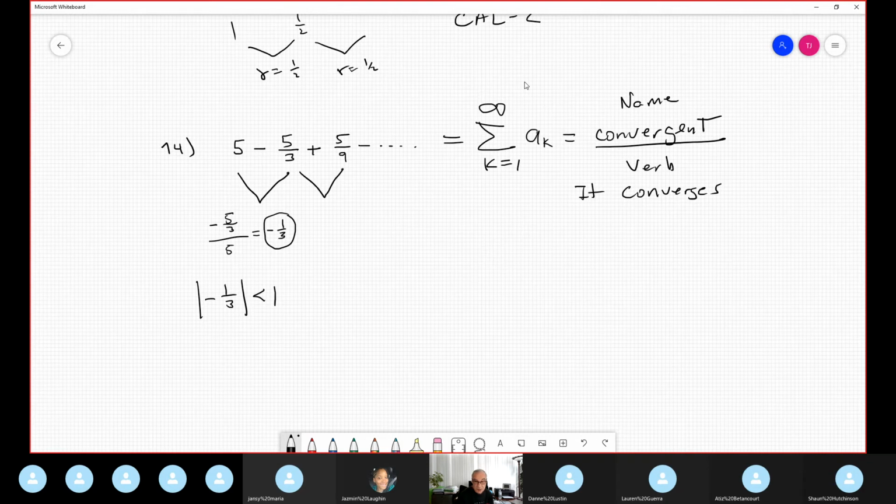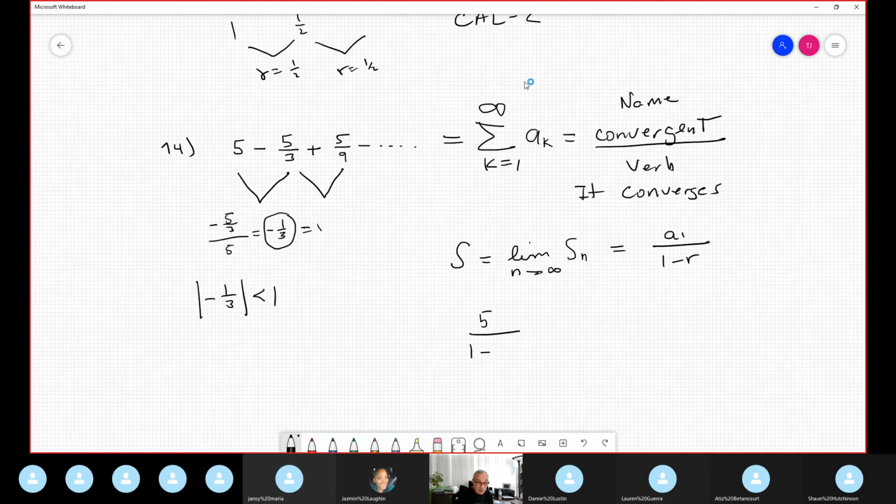Well, converges to the value that is capital S, because this is the limit when n approaches infinity of the S sub n. And I determine that this formula is a1 over 1 minus r. a1 is 5. 1 minus 1/3. r is 1/3.